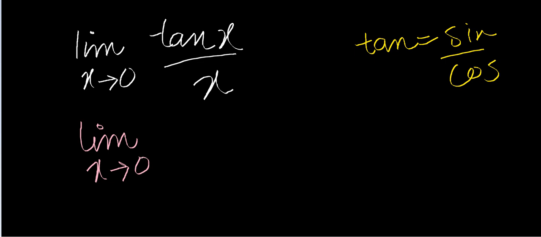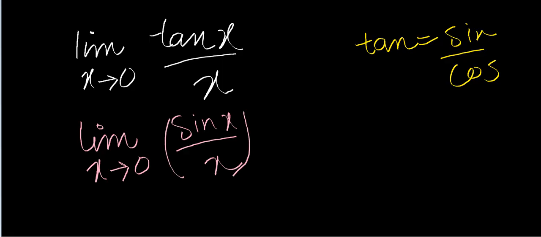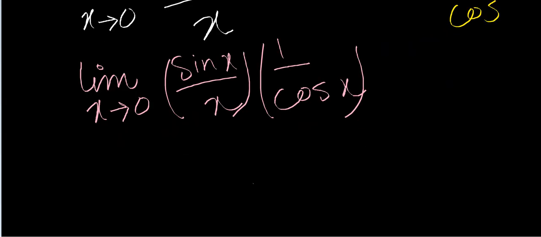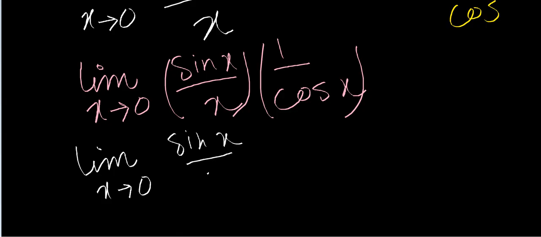Limit x tends to 0, tan x is sin x divided by cos x, and we can write the cos x separately, because there is something I want to tell you, and this is important in this question. So it will become limit x tends to 0, sin x divided by x.